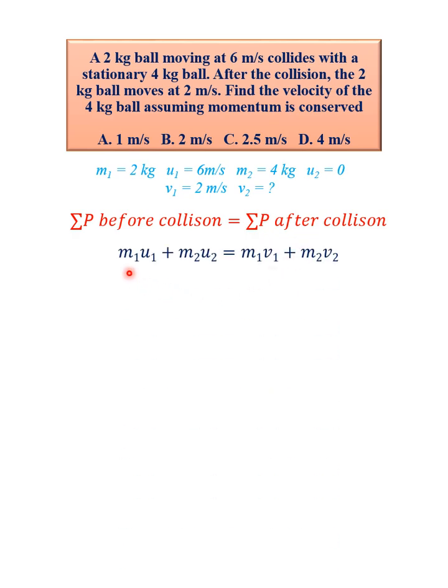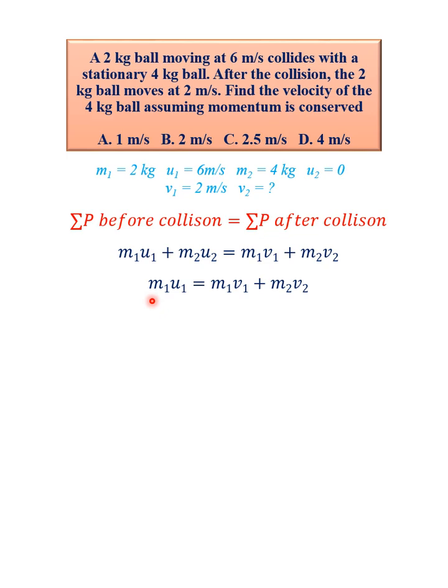For the object 1, m1u1 represents its momentum before collision plus m2u2 represents the momentum of the second object before collision, and that is equal to the final momentum of the first object plus the final momentum of the second object. Now take note, the second object was stationary, which means u2 is 0. What it means is that this component here is 0, and the formula reduces to m1u1 equals m1v1 plus m2v2.